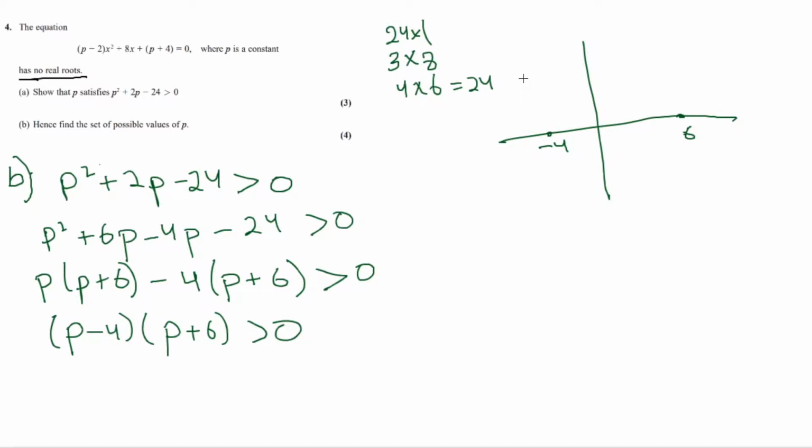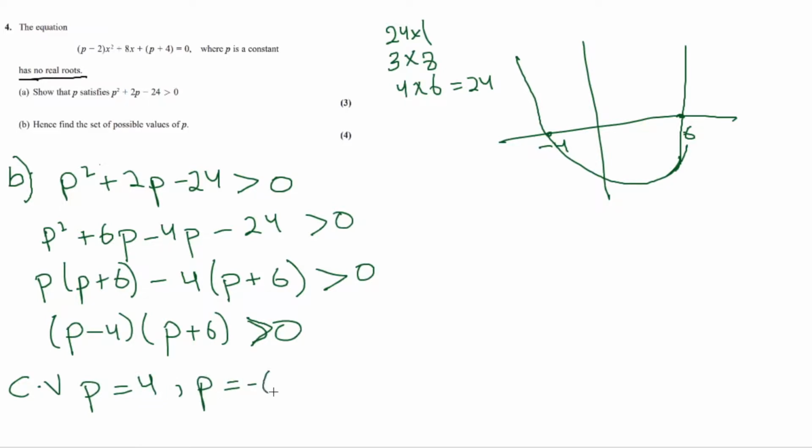Is this graph positive? Yes, because it's positive p squared, it's a U-shaped graph. It doesn't have to be perfect; this is just for the sake of explanation. Now, looking at this inequality, the critical values are p equals 4.